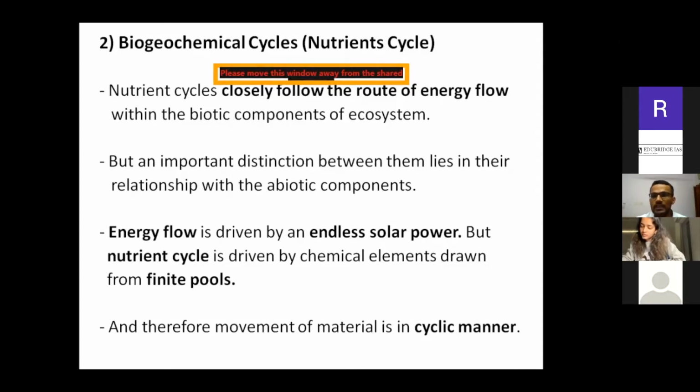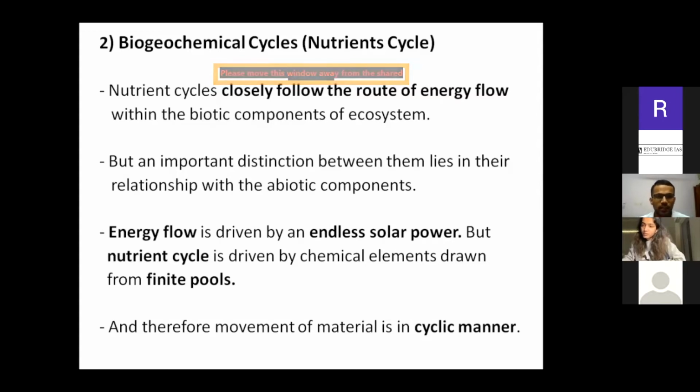But that is not the case with nutrient cycles, or nutrients. Nutrients are limited. Nutrients are not imported nor exported from earth. They are there in the soil or in the atmosphere, and those nutrients should be recycled time and again in order to use them. And that's why you can say that the nutrient cycle is a closed cycle. It is not an open cycle, it is a closed cycle. Fine.